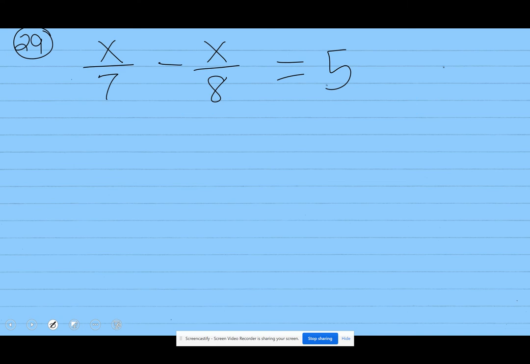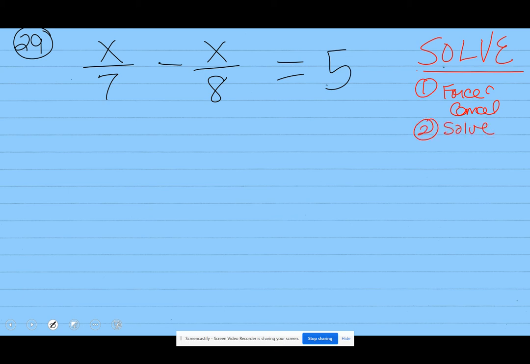29, we are in solving, changing gears big time. Solve. This is where we force cancel. We solve. Now if it's an x squared, we got to make it equal 0 and factor. Otherwise, it's a plain x, we just regular solve.